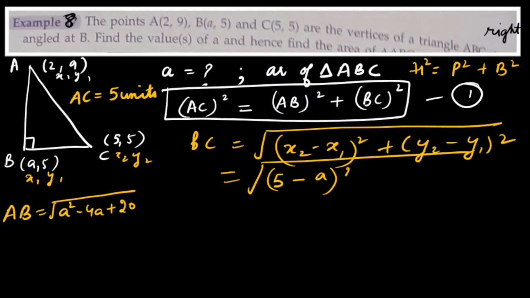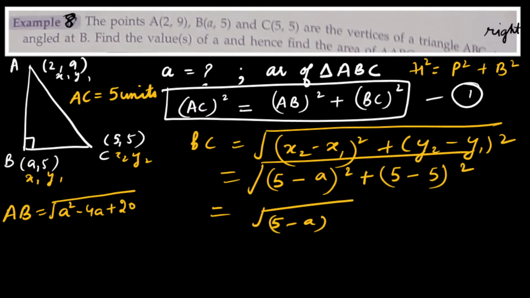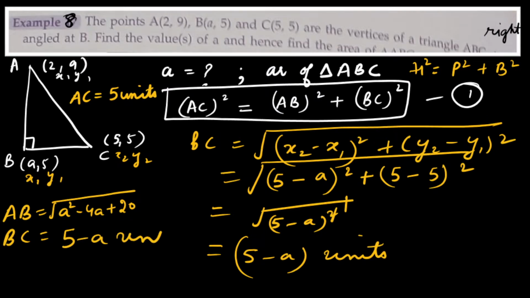A. 5 minus A whole square plus y2 is 5, 5 minus 5 whole square. 5 minus 5 is 0, so I'll just write 5 minus A whole square plus 0. No need of writing the 0 here. Don't expand it. Square and root you can cancel. So BC is equal to 5 minus A units. Are you getting the same answer? Are you also getting BC's value, 5 minus A units?